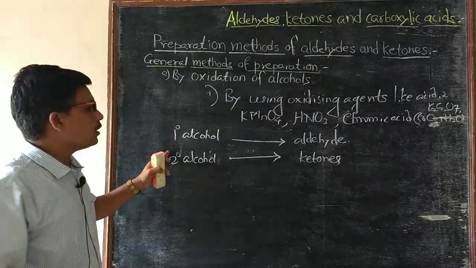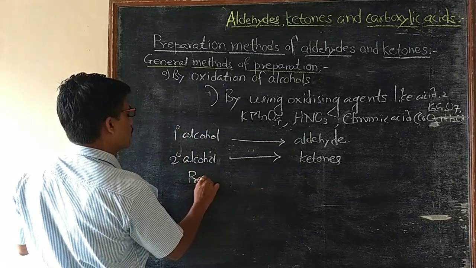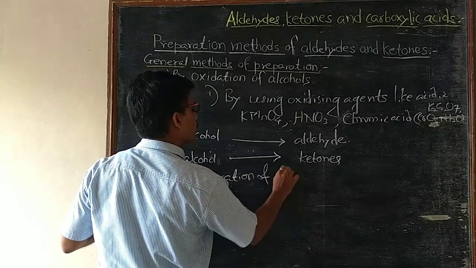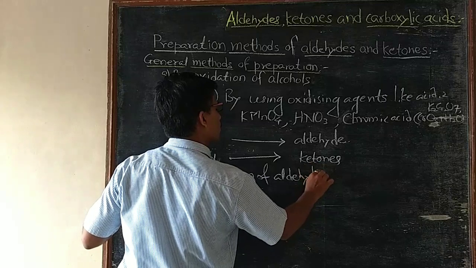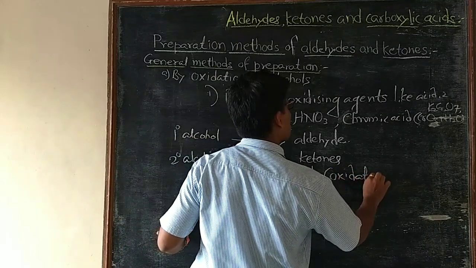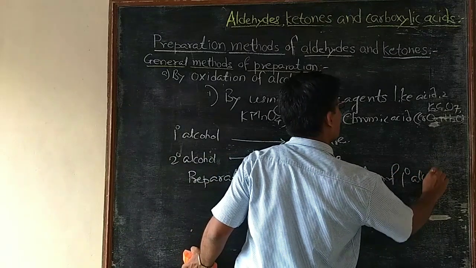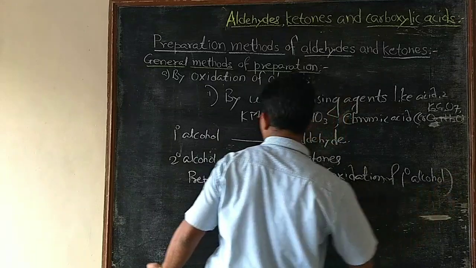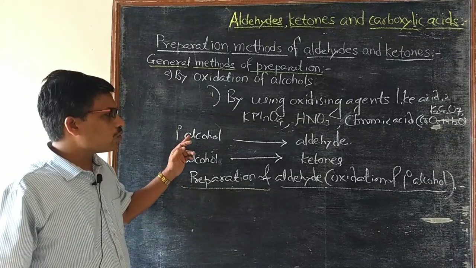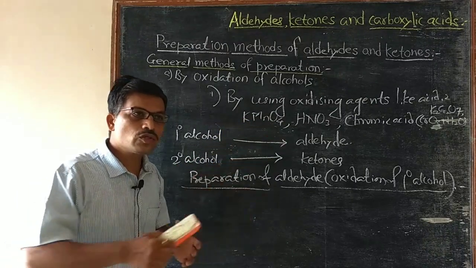First, we will study preparation methods of aldehyde. That is oxidation of primary alcohol. A primary alcohol on oxidation using oxidizing agents like chromic acid gives aldehydes.